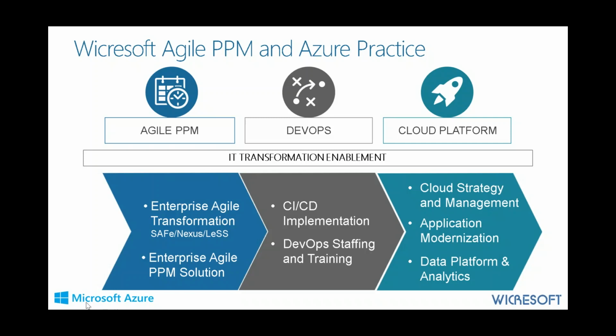We have our enterprise agile PPM solution, which we'll be showing today for Azure DevOps. We also provide DevOps implementation and staffing and training, as well as, as I mentioned before, our cloud services, which is bringing together the power of cloud in its different modes to your organization.